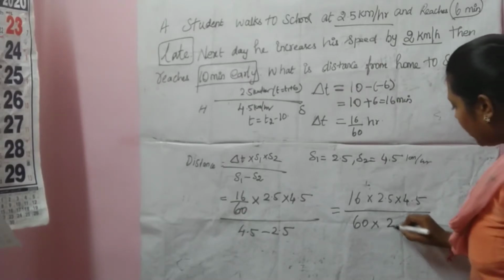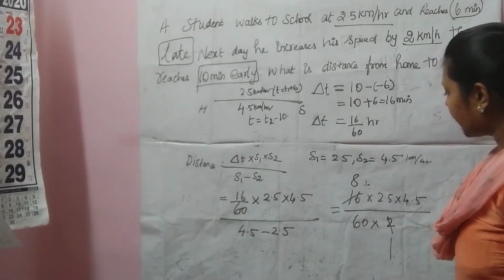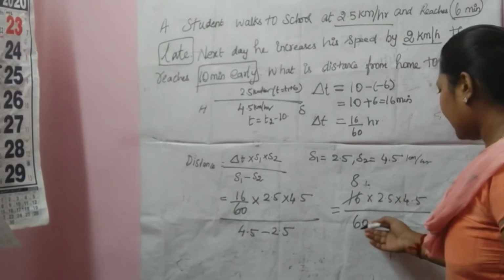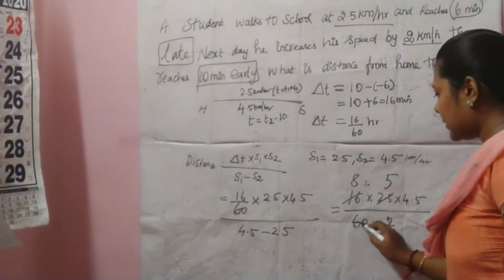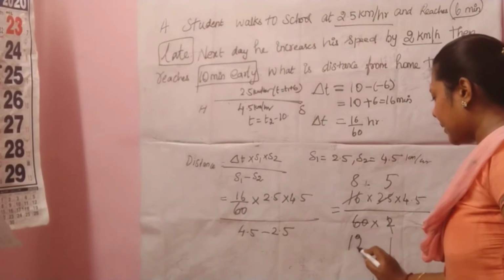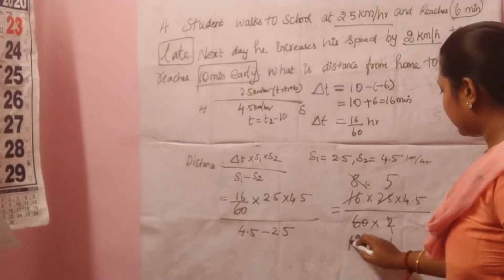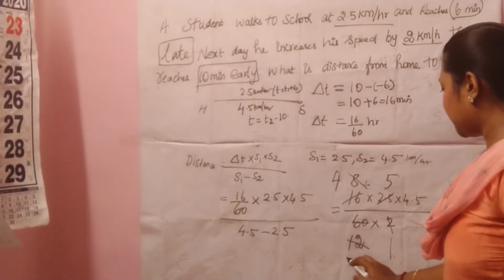Okay, now the cancellation part. In the 5 table you can cancel easily, right?